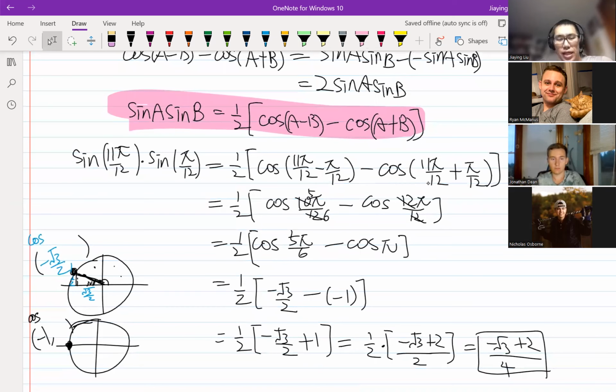And when we apply them to the example, it's reducing the complexity of the problem to some angles that we actually know we can find the cosine of. And then we need to use a unit circle. At least for me, I have to use a unit circle. You probably have it memorized, which is great. But if you didn't, feel free to use a unit circle to find the corresponding cosine values. Now you just put them back in and solve the problem at the end.